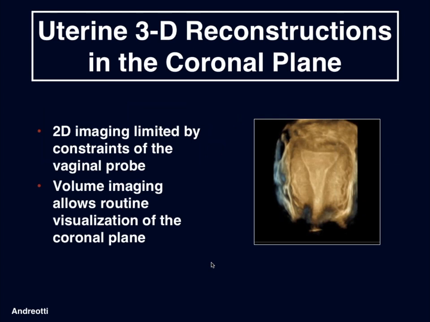And since 2D imaging is limited by the constraints of the vaginal probe as far as the way you can slice through the uterus, using volume imaging, we can routinely see the coronal plane, which cannot be seen routinely using 2D imaging. So here we can see a very nice normal reconstructed image in the coronal plane of the uterus.